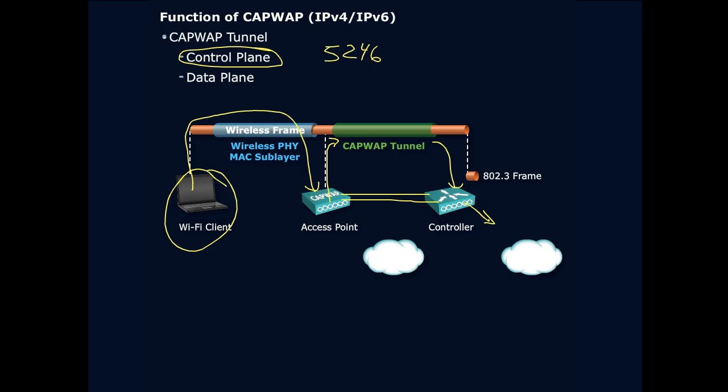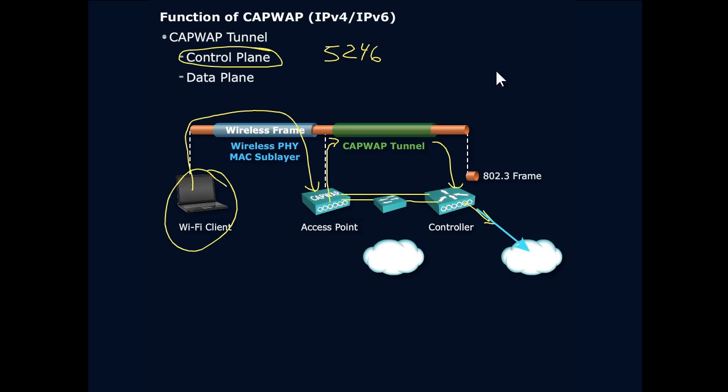So even though there might be a switch in between, that client's packet is not going to be seen emerging from the access point's switch connection. It's going to be seen emerging from the controller's switch connection out onto that network. And that's how the network is going to relate back to it again.